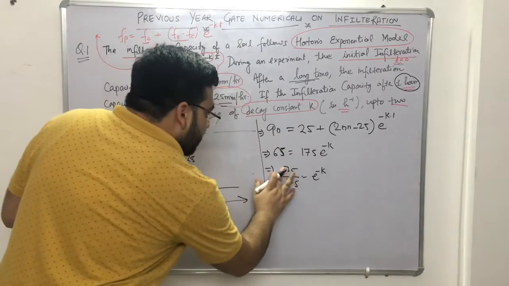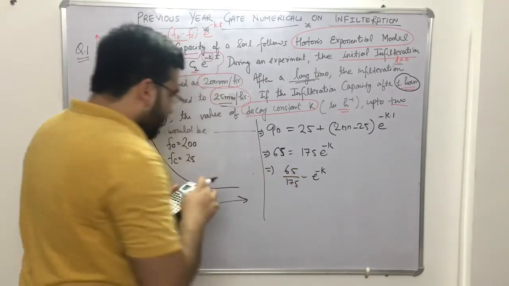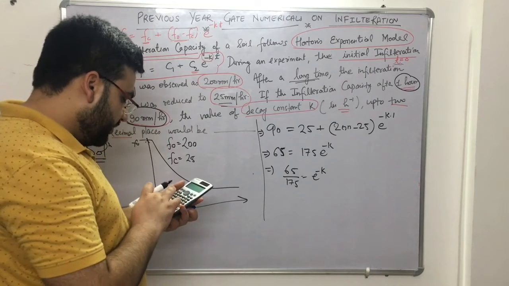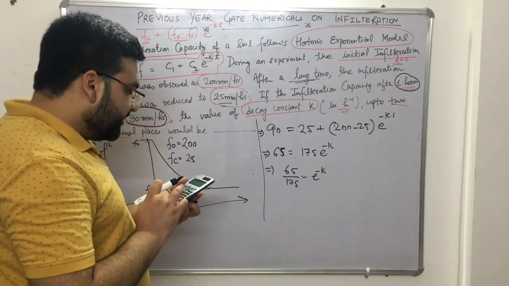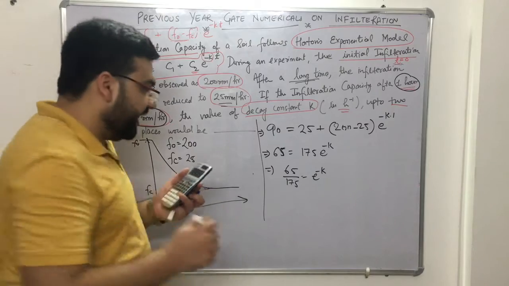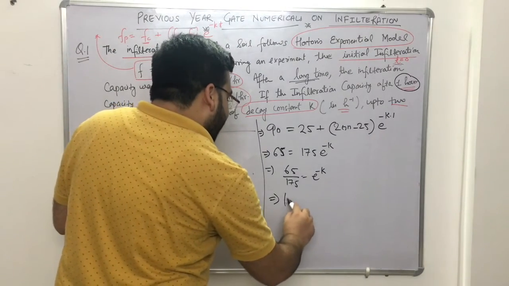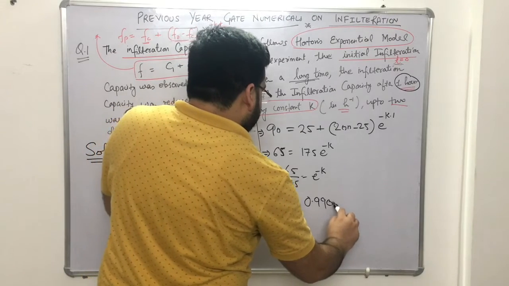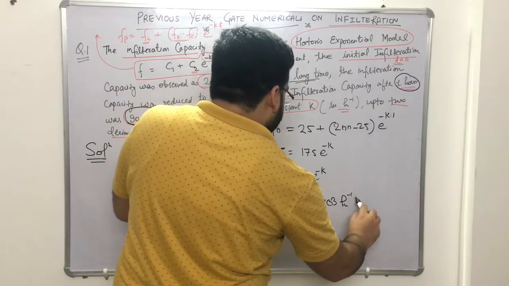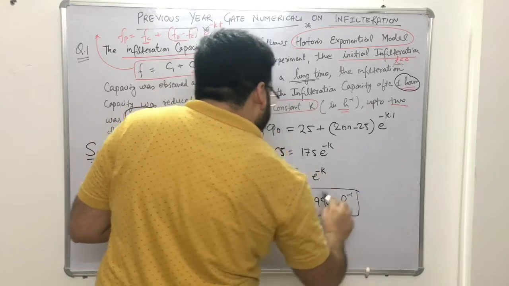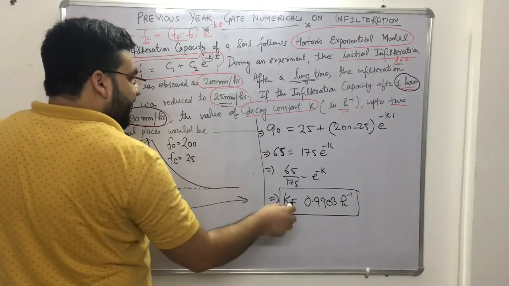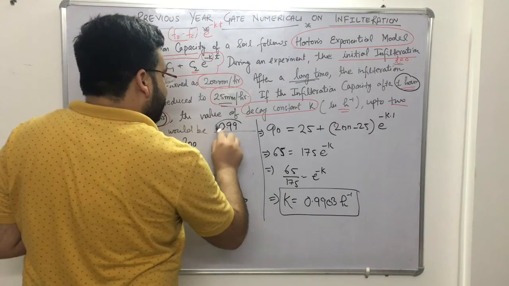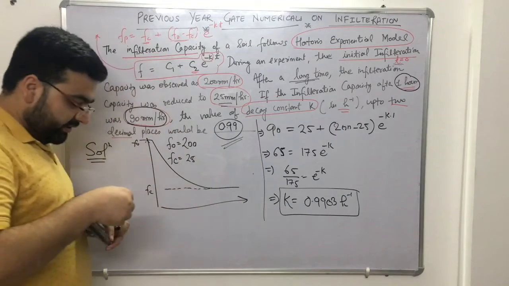So it will be ln of 65 divided by 175, 0.9903. So the value of k will come out to be 0.9903 hours inverse. This is the value of k. So put the value up to 2 decimal places. So the correct answer would be 0.99, the most appropriate answer, right?